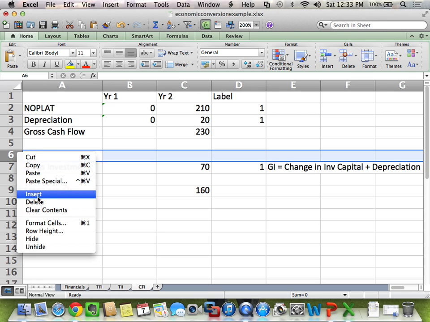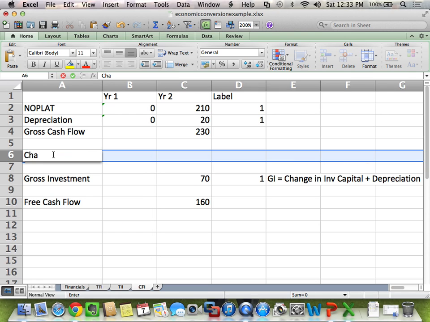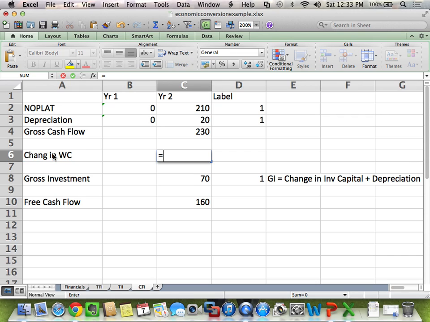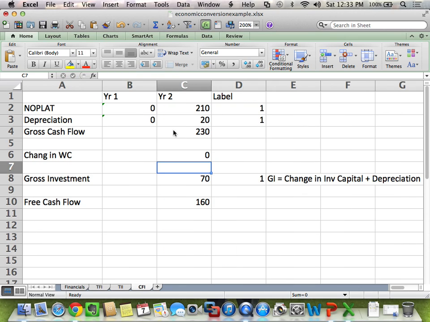So what is the gross investment? It's really the change in working capital. Working capital went from 75 to 75, so there was no change in working capital, so there's no investment in working capital.